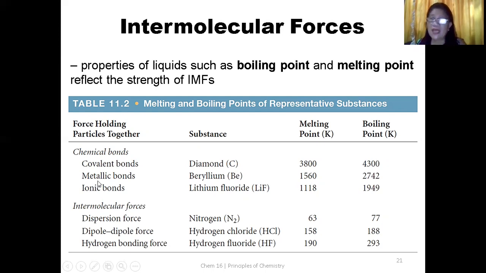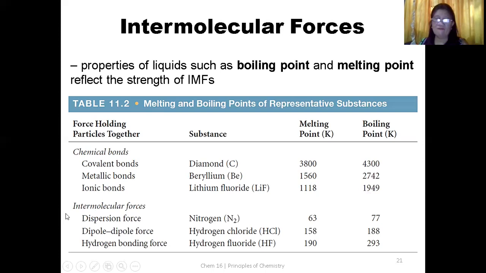But if it is a metallic bond, for instance beryllium with another metal, its melting and boiling points are lower. For ionic bond, a metal added with a non-metal, the melting point is even lower. So the covalent bond has a higher melting and boiling point, followed by the metallic bond, and the least is the ionic bond.